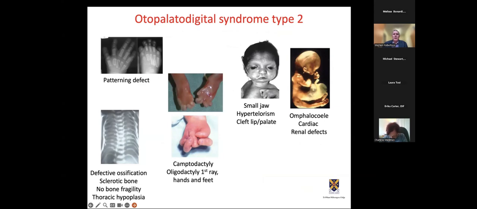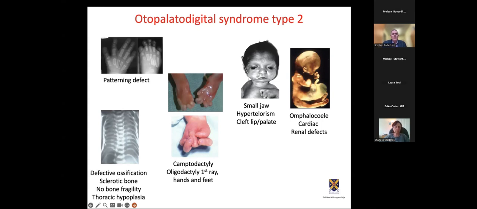Onto the next most severe condition now, otopalatodigital syndrome type 2. So recognized by clinicians back in the 1970s as having similarities, although much more severe, with OPD type 1, and hence its name. This is the condition which we used in 2 large kindreds to actually locate filamin A as the gene responsible for this spectrum of disorders.